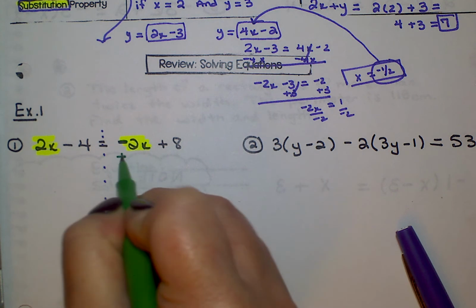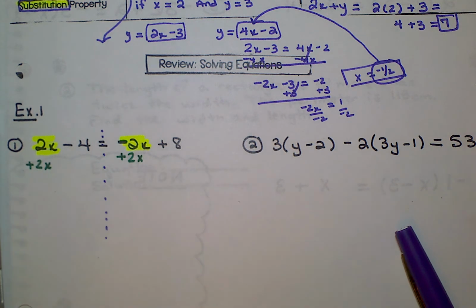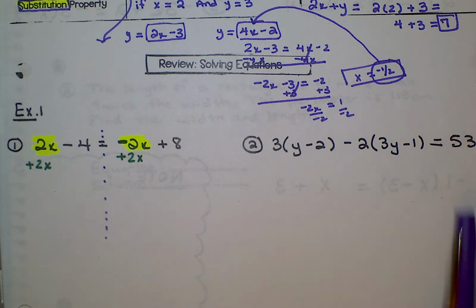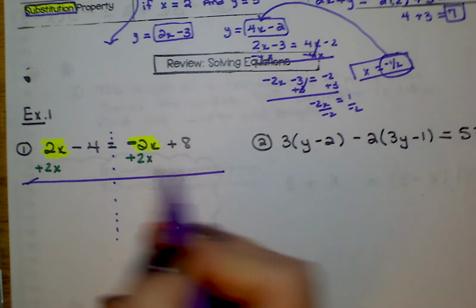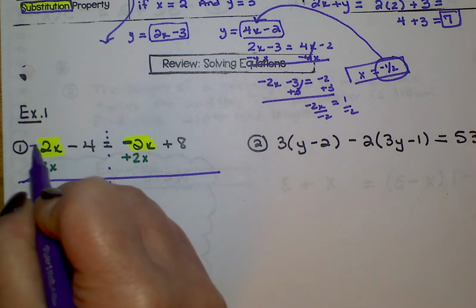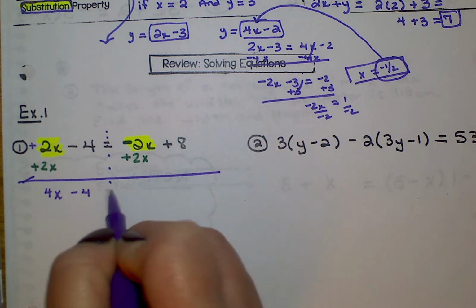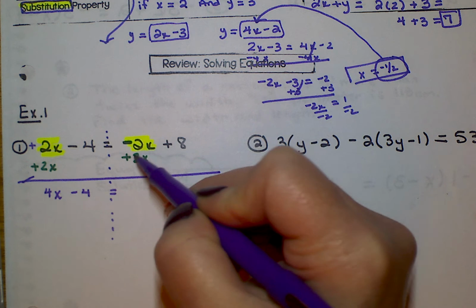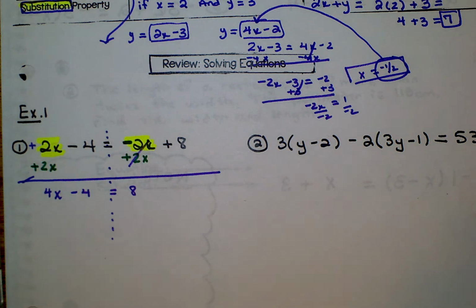So I'm going to use the addition property to add that to both sides. So that's going to be 2. Remember, that's 2 plus 2. So that gives you a 4. The negative 2 and positive 2 cancel out. So we're left with 8.